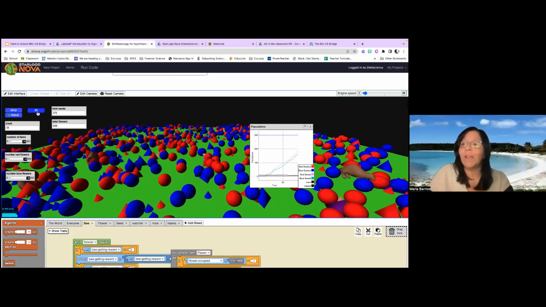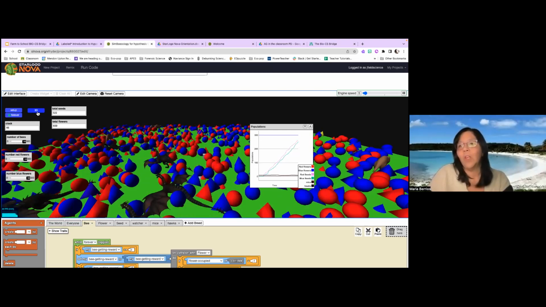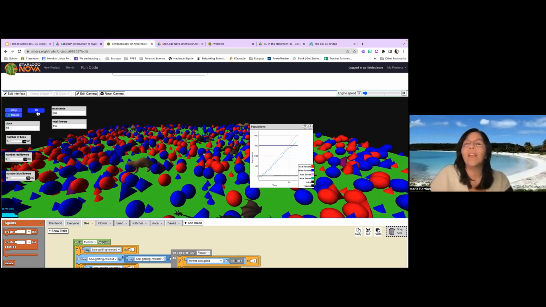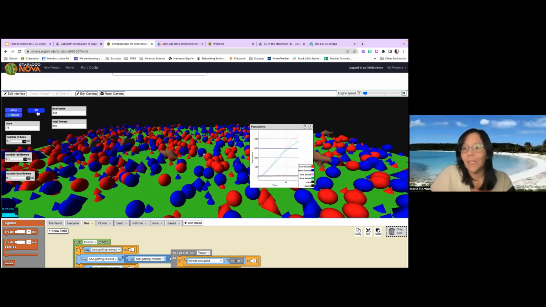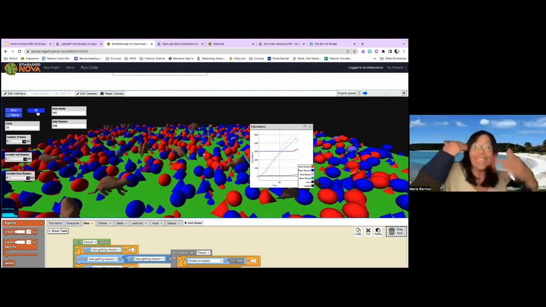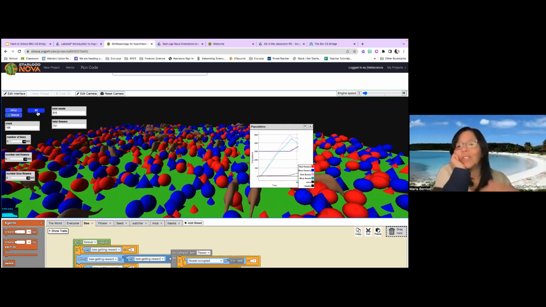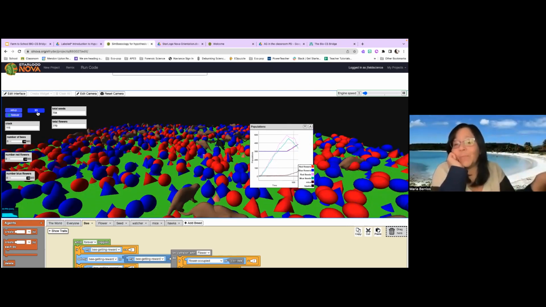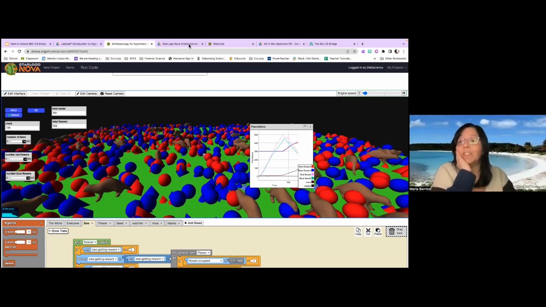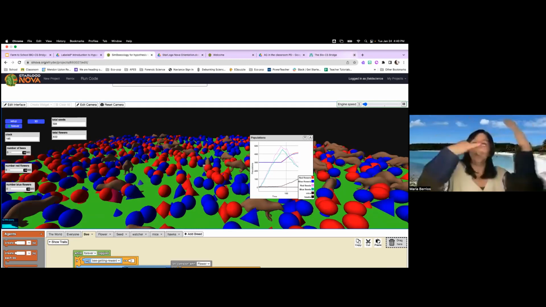What are my controls? What are my variables? What is my question? How should I set this up to answer the question that I have? And it is a lot easier to do a simulation and that thinking process than when, like in our case in a science classroom, you're doing an experiment on the bench and they don't know what they're doing and they're just not thinking.